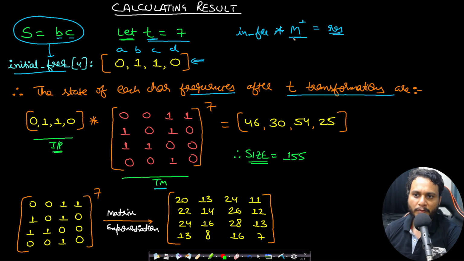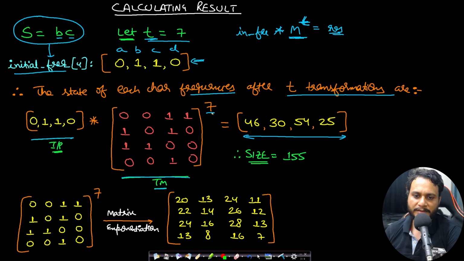But if you want to do the transformation T times, I will be raising it to the power T, as explained in the matrix exponentiation video, right? So I will be taking the input and multiplying it with the transformation matrix raised to the power of the number of transformations, and I will get this as the result.